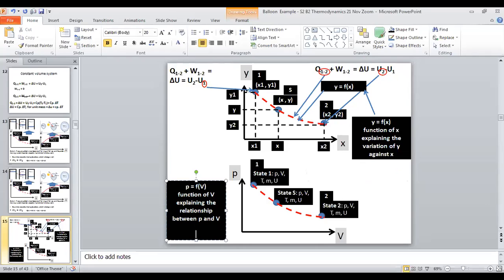And here, especially for this PV graph, I'm talking about this. P equals f(V) can be in the form, you know the polynomials, can be in the form of, let's say, PV to the power n is a constant.